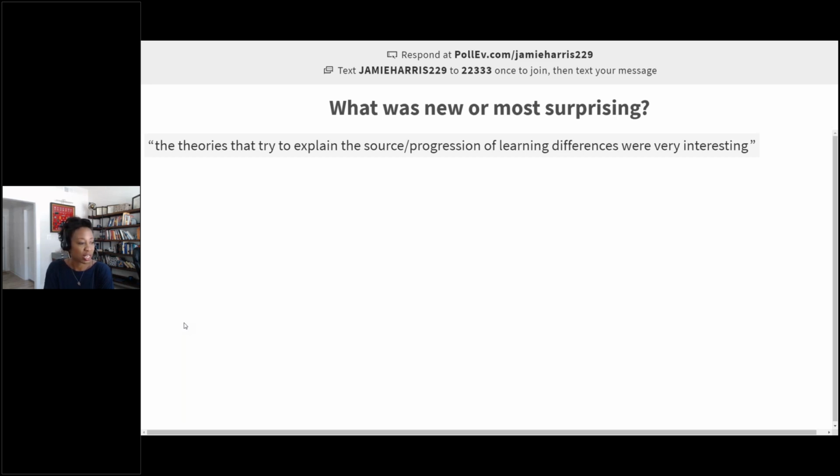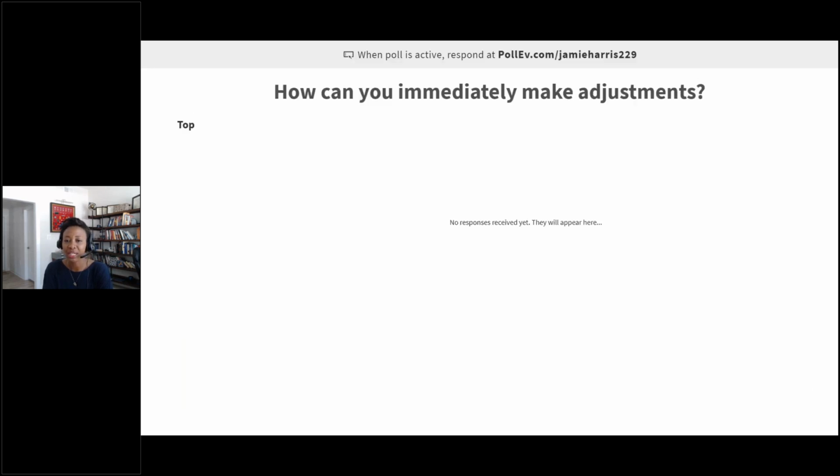Okay, so the next question I have for you is how can you immediately make adjustments in your classroom? Okay, and Vanessa, I think you're responding to the previous question. The definition of learning differences was new or surprising to you.